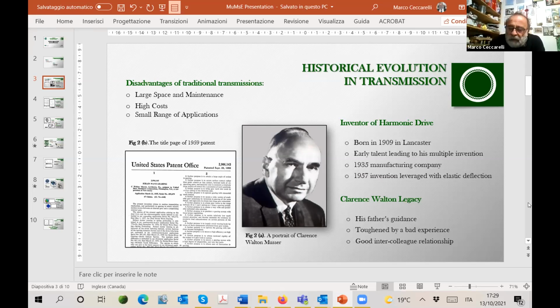You have to think that in the 50s, machinery was evolving very rapidly towards very automatic systems with high performance, and we start to see also the first robots that needed special compact, lightweight designs for the joint transmissions.